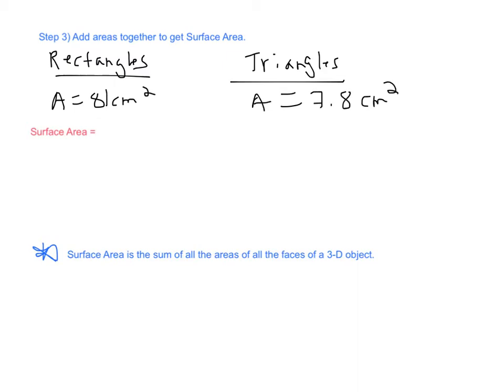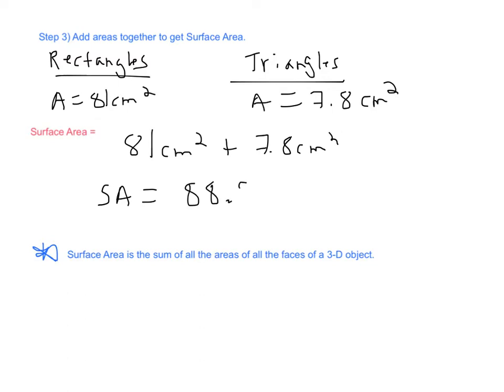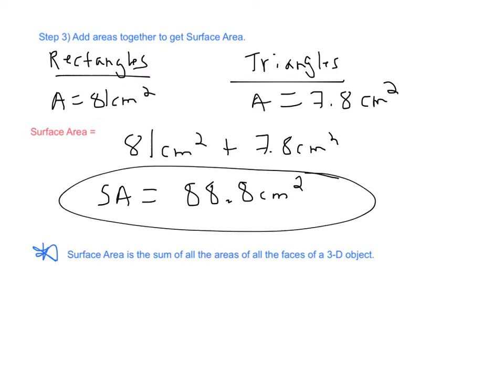So when we add that together, 81 centimeters squared plus 7.8 centimeters squared, we get a surface area of 88.8 centimeters squared. So that's how we found the surface area of a triangular prism.